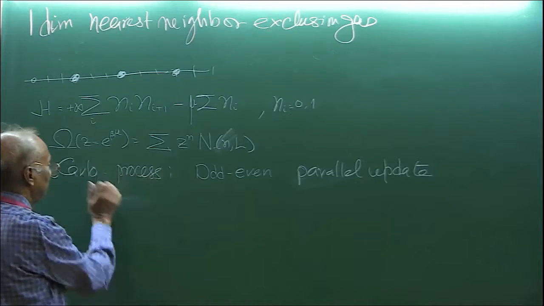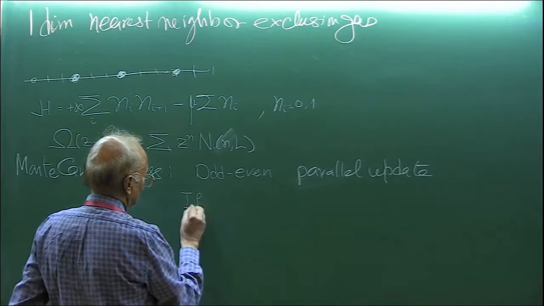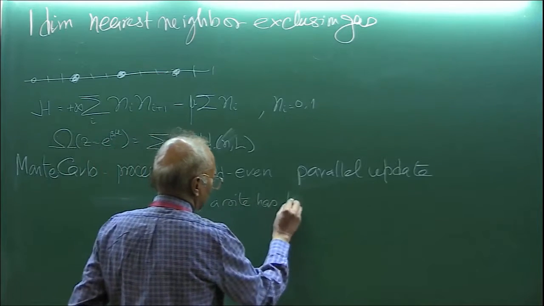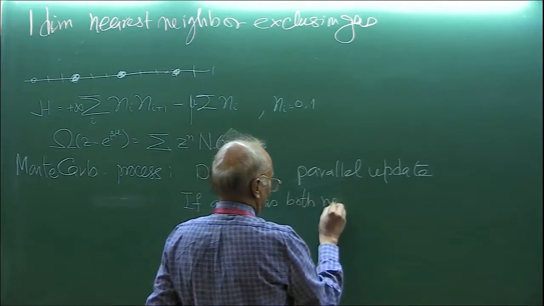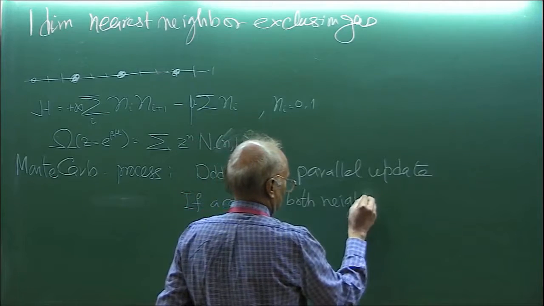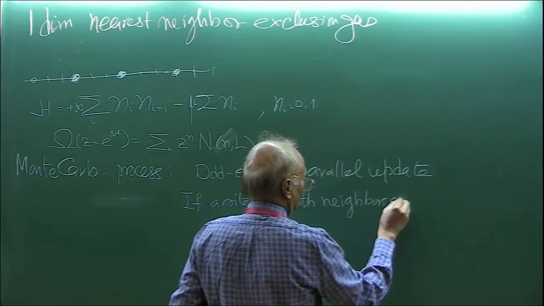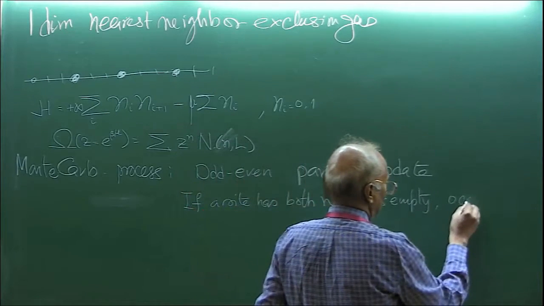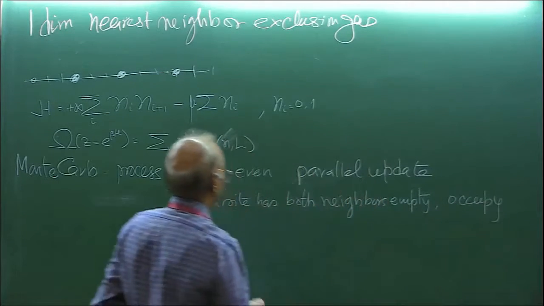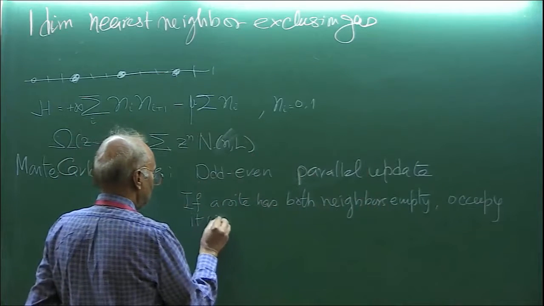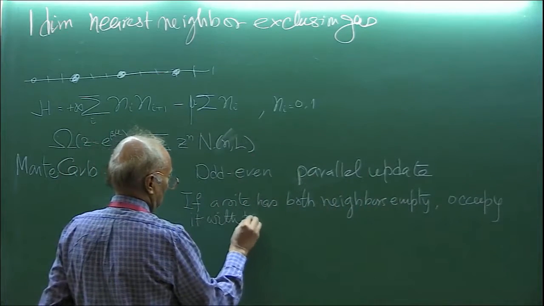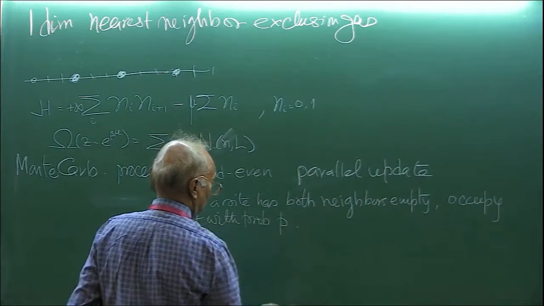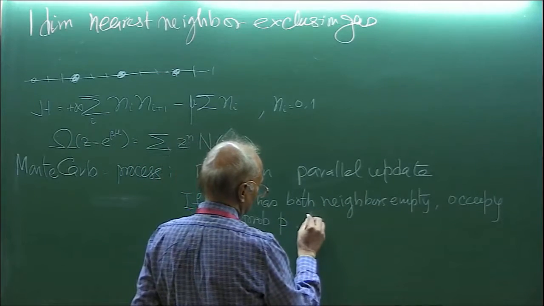So if a site has both neighbors empty, occupy it with probability p, and else do nothing.